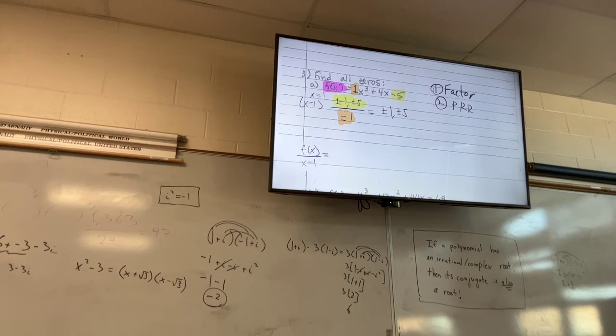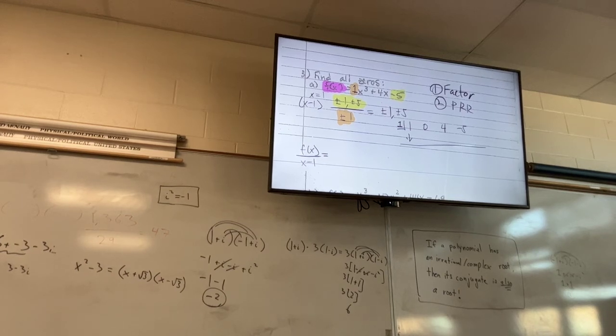All right, so we'll put 1 in the crow's nest. 1, 0, 4, negative 5. I always just try to rush through these.